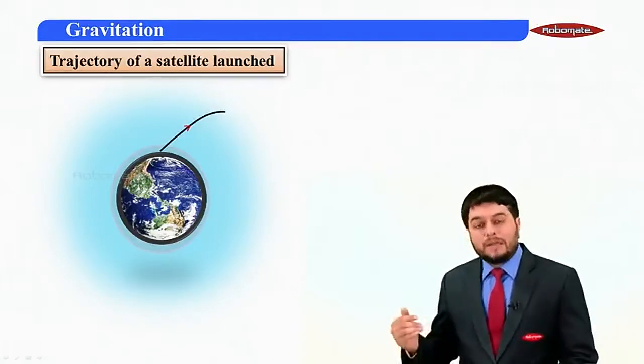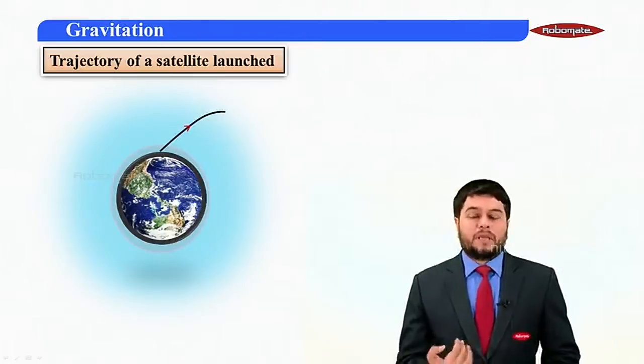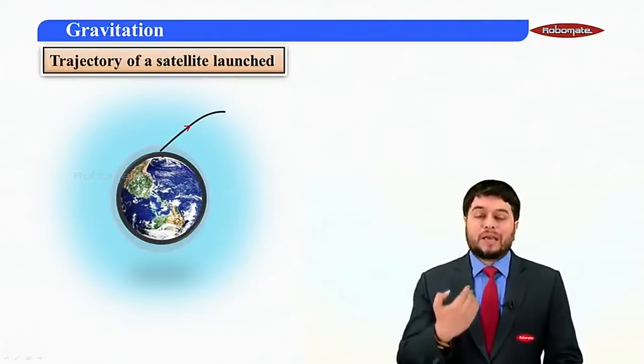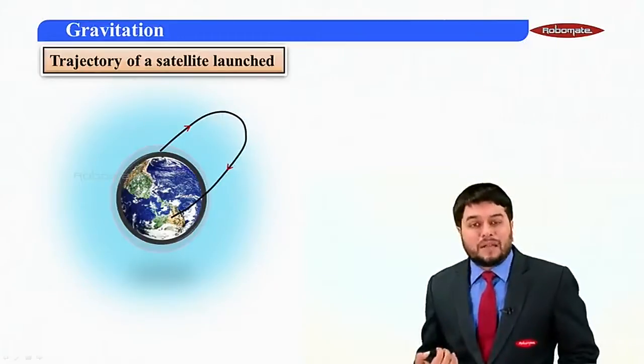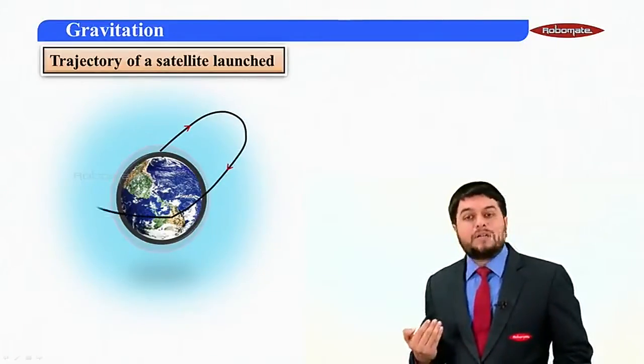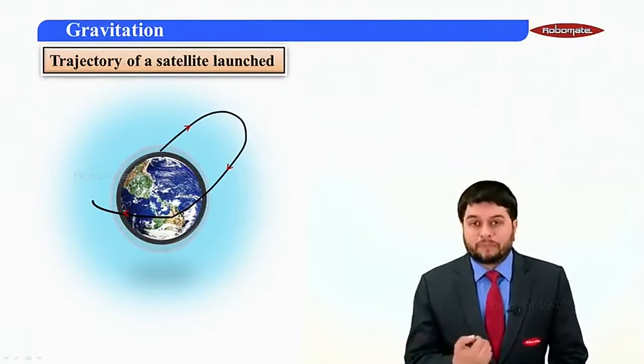Now it is not directly put into the horizontal or circular orbit. It's initially taken to a very high height and then brought back inside the gravitational field to the particular orbit in which it is to be revolving.